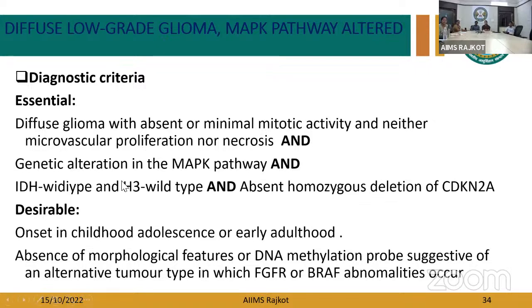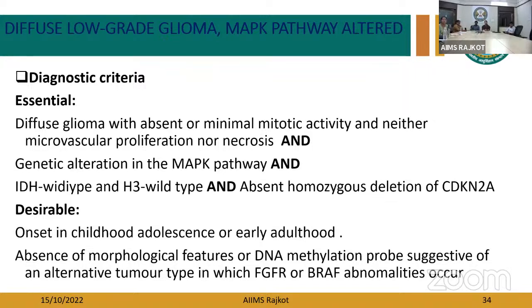Essential criteria are diffuse glioma with absent or minimal mitosis and without microvascular proliferation and necrosis. Genetic alteration in the MAPK pathway, IDH and H3 wild type, along with absent homozygous deletion of CDKN2A.